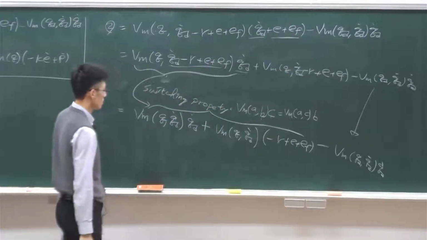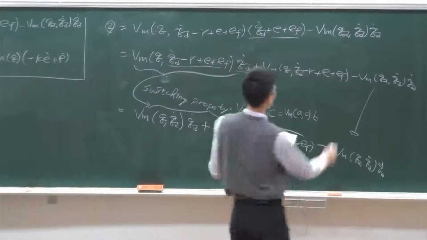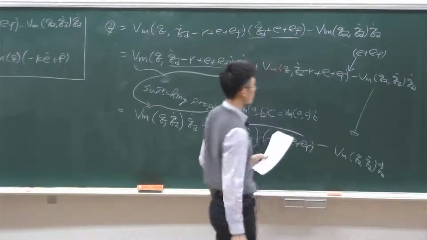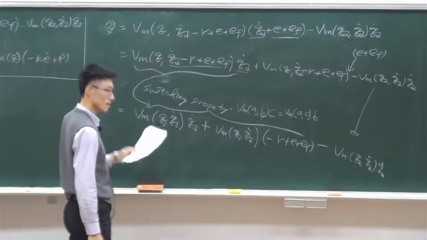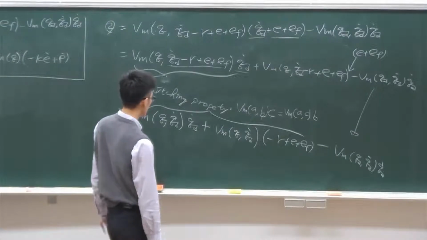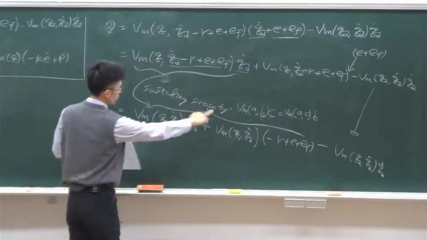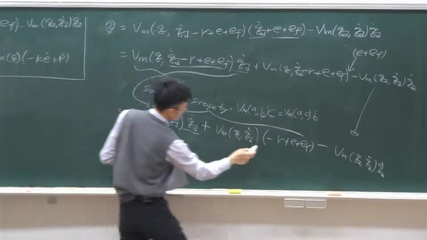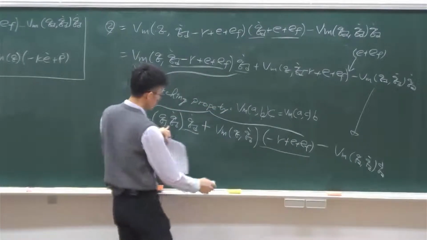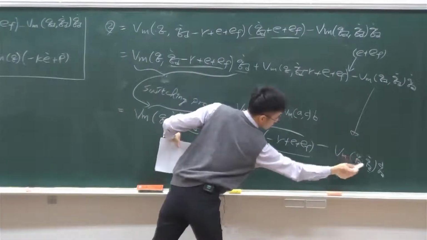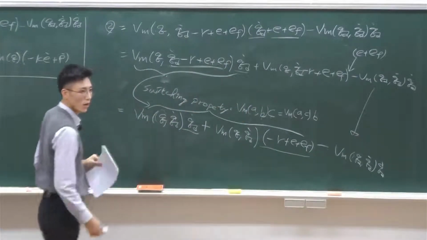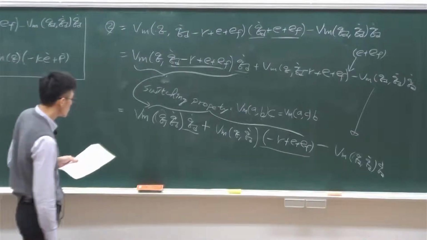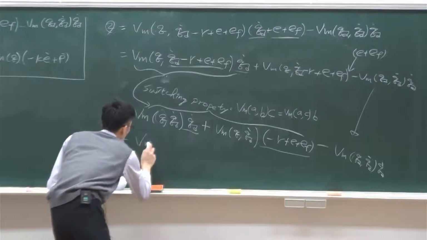So the reason to segregate using the switching property and segregate this term into these two terms is we can combine this term and this term, because it's QD here, but here is Q. Is there a problem with this?